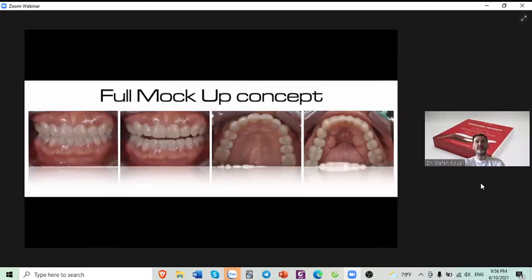And of course, the full mock-up can proceed using a silicon index or a 3D printed template, in order to have something very precise that you can place in the mouth. So the beauty is that in 2 minutes, you can see directly the final outcome in all cases.